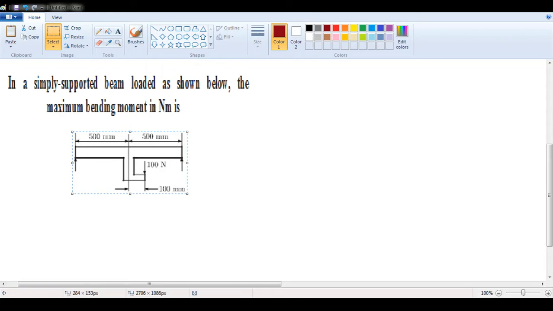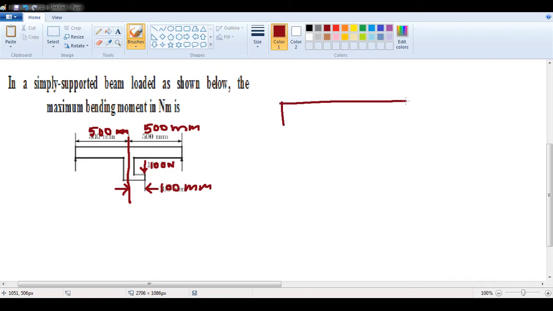It's not getting bigger, so rather what I'll do is, I'll put the values: this is 500 mm, this is 500 mm. Here there is a load of 100 Newton, and the distance between this is 100 mm. Okay, this is the beam.